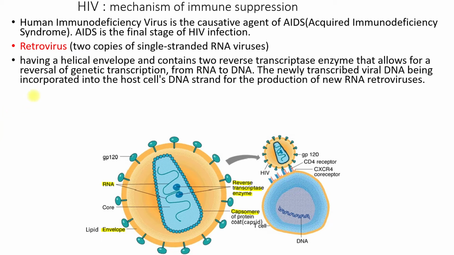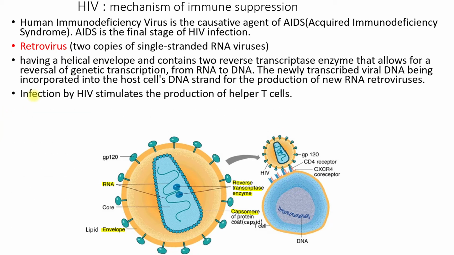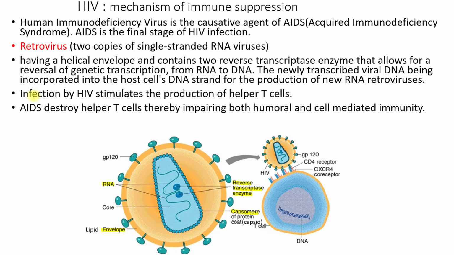Okay, so infection by HIV will destroy the helper T cells, thereby causing the collapse or impairment of both the humoral and cell-mediated immunity.